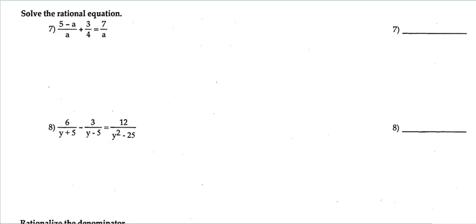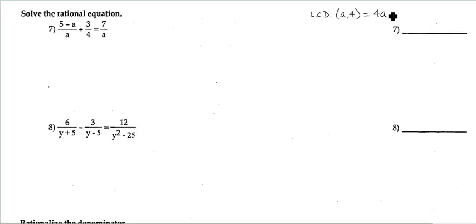We are going to take a look at the LCD. What is the LCD of A and 4? It would be 4A. So we are going to multiply both sides by 4A.